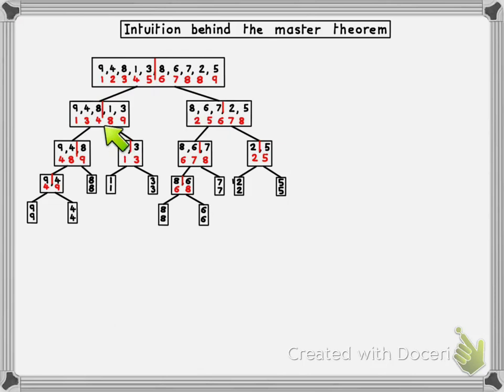And then every node corresponds to the execution of the merge sort procedure, which contains two recursive calls, all the way down to the leaf nodes of the tree, which represent the base case execution of the merge sort algorithm. Now, this is what we call a recursion tree, since it traces the recursive execution of the algorithm.